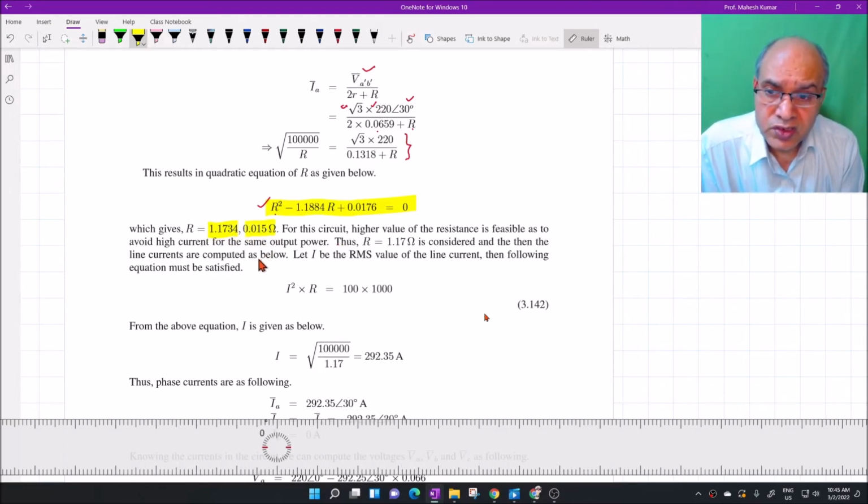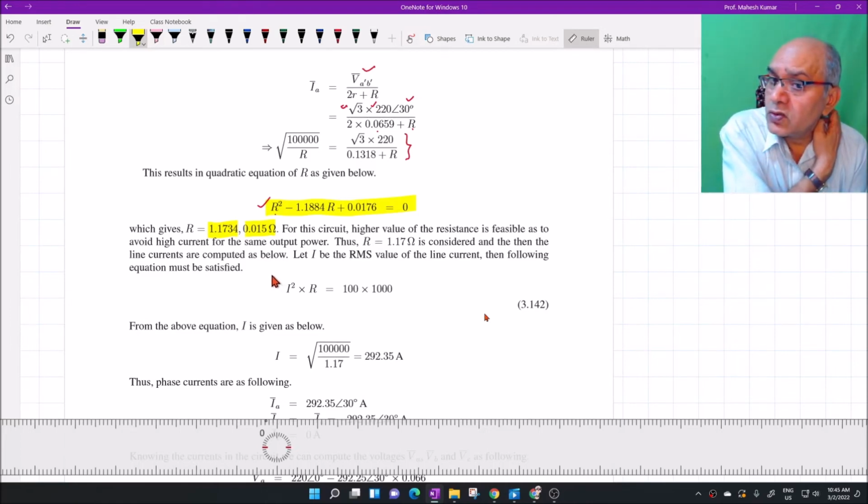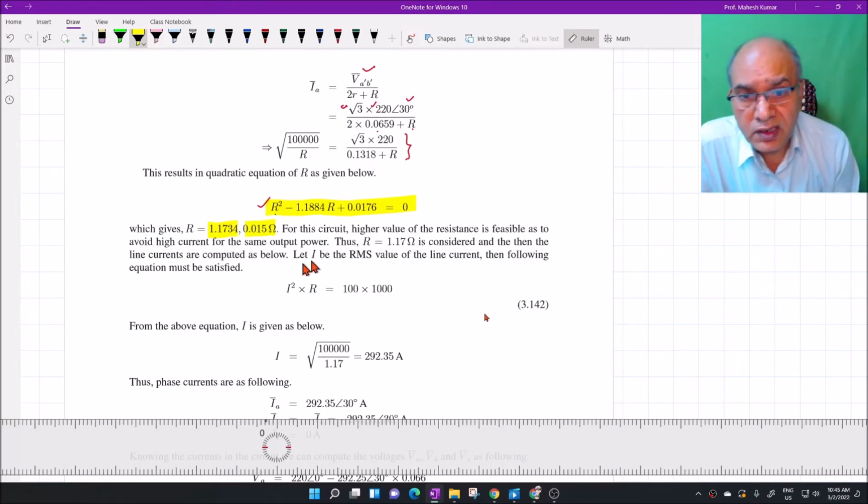So we will choose the higher value of resistance so that there is less current. Okay. So the feasible solution will be R equals 1.17. This is the value of R. The other value is not chosen because it will give high current in the phases.